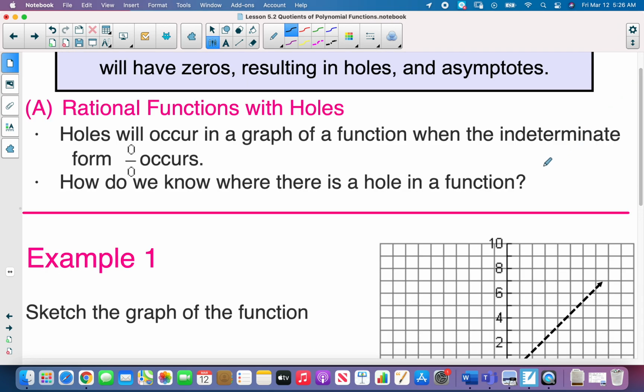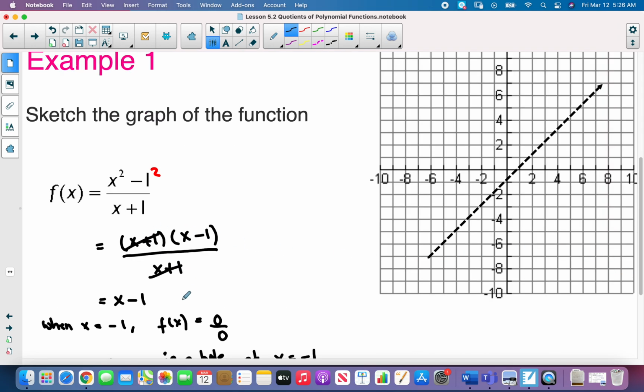And what would we do to graph this function? Well, we will draw the function as f of x equals x minus 1, which is this line here, which has a y-intercept of negative 1. But at the value of x equals negative 1, which is right here, we will indicate that there is a hole in the graph.